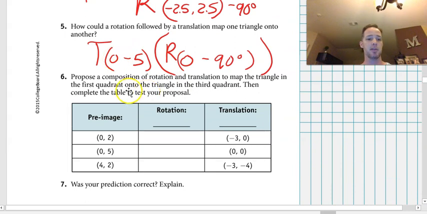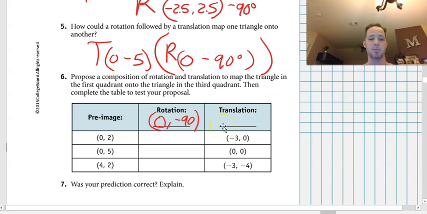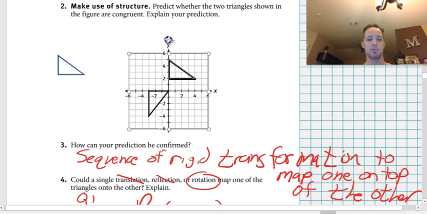Okay. Propose a composition of rotation and translation to map the triangle in the first quadrant onto the triangle in the third quadrant. We've done that. Then complete the table for our proposal. So our rotation first would be about the origin, negative 90 degrees. And let's see where each one of these points ends up. The point that was at 0, 2 right here is now at 2, 0.